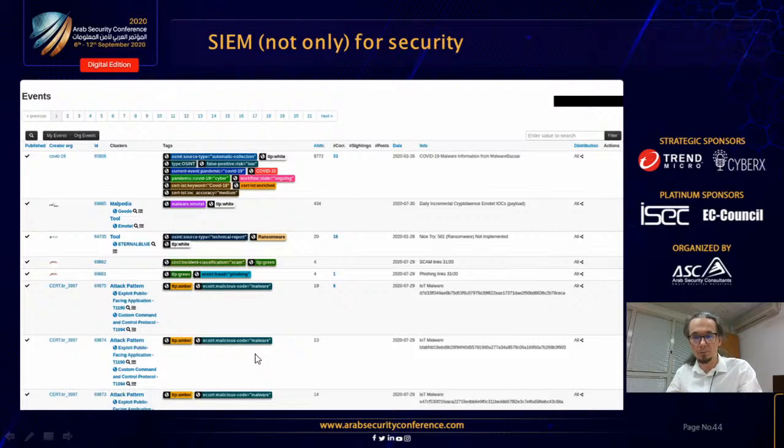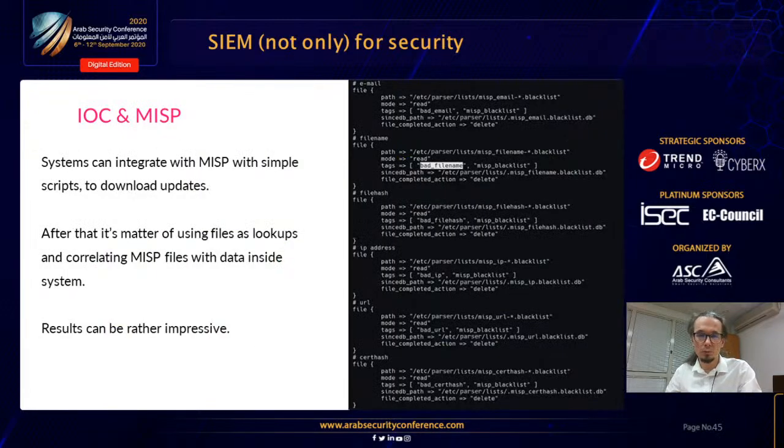So a lot of information. And integrating with that is relatively simple as long as you have access to the MISP, because we can download that information and integrate it within the SIEM solution.